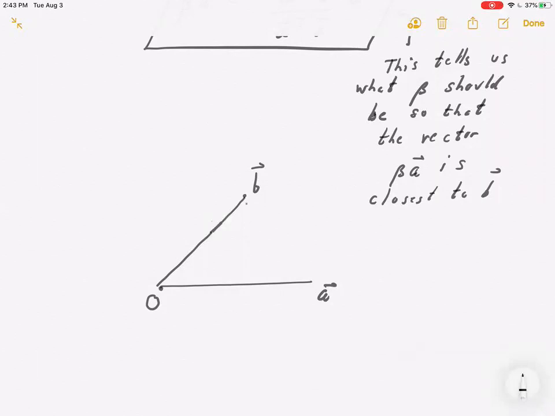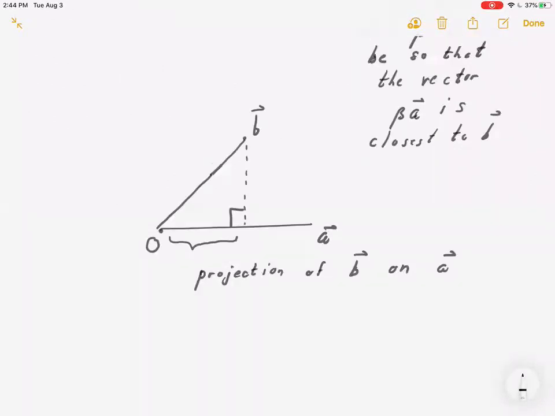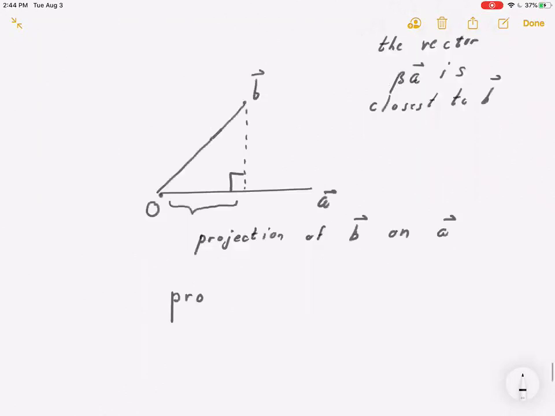So what I have discovered is this distance here is in fact the projection of the vector B onto the vector A. This projection is the closest point on the vector A to B. And I now know what to write down for this guy.